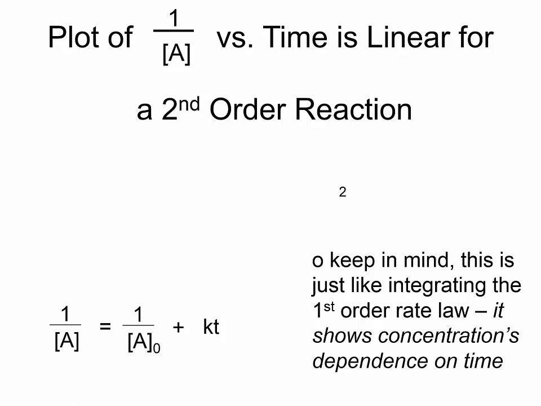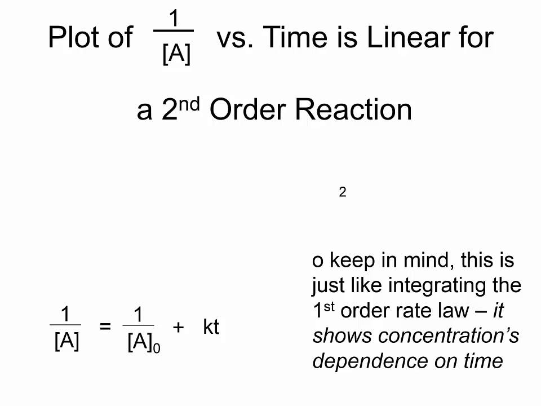Okay, so moving on, we have the second order integrated rate law. It's a similar concept, where we can't really use the one where you measure the rate over time, and you can't really use the method of initial rates either, because that doesn't show time.